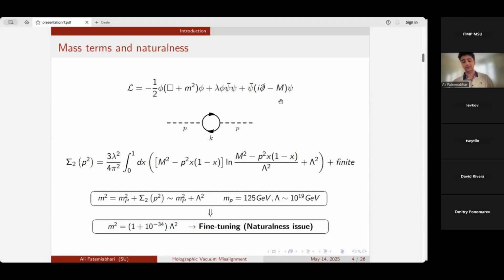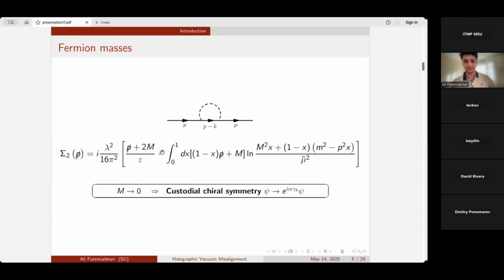Now, even if we add the mass by hand, which we have done here, all of the corrections must be proportional to the mass itself, not any constant term or any other parameter in the theory. So this is the so-called custodial symmetry, which, even though this chiral symmetry is not there, acts in such a way that it protects the fermion from getting large corrections to its mass.